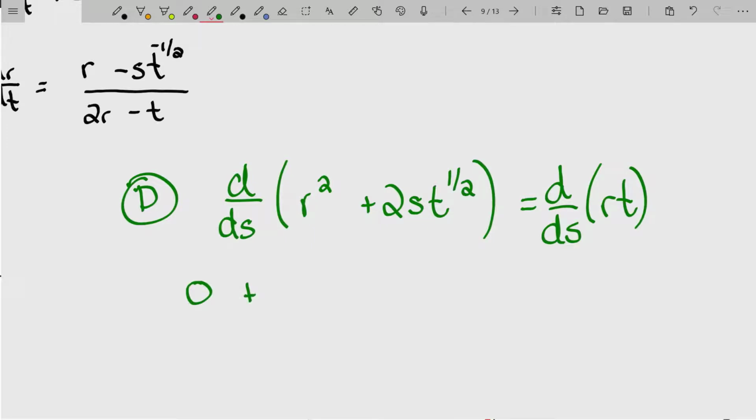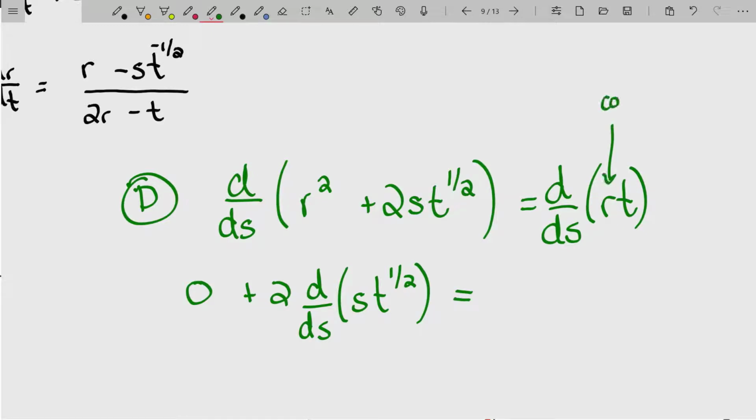Plus 2 times the derivative with respect to s of s t to the 1/2. Those are two completely different functions, completely different variables, so that will be a product rule. On the right-hand side, however, r is a constant, and so that is not a product rule. That is just r times dt ds.